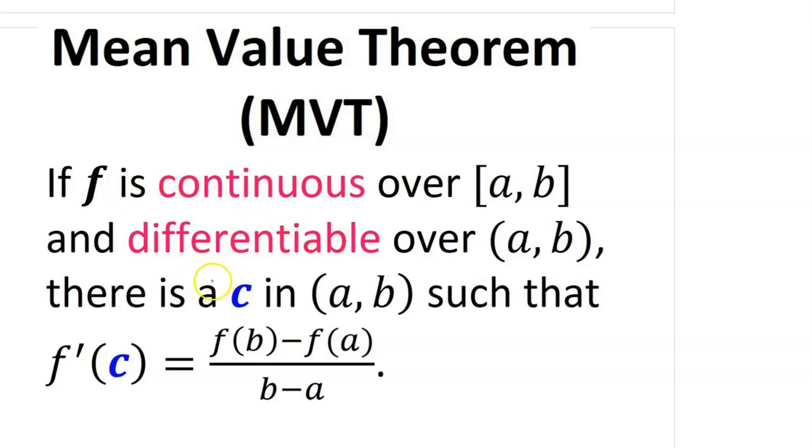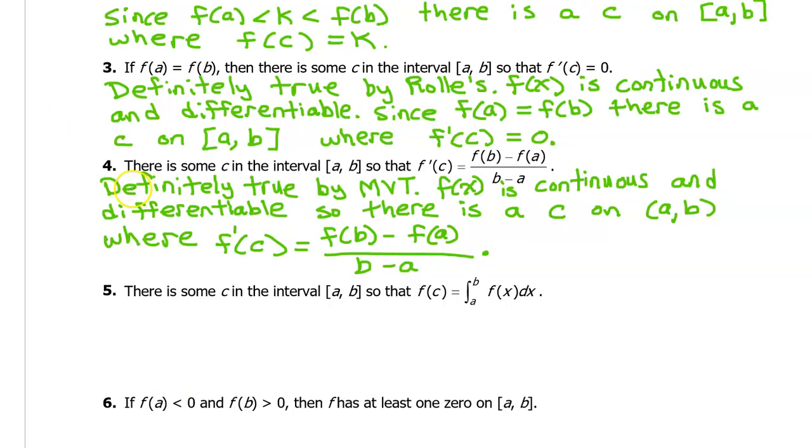If that's the case, there is a c such that the slope of the tangent line at c is equal to the slope of the secant line. Number 4 is definitely true by the mean value theorem. We are given that f of x is continuous and differentiable. So there is a c on the interval from a to b where f prime at c is equal to f at b minus f at a divided by b minus a. That's just the mean value theorem.